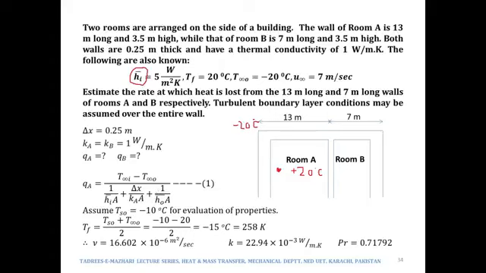So H naught bar is our unknown till now, and T infinity I is 20, T infinity outside is minus 20. So what we do not know in this expression is H naught A.